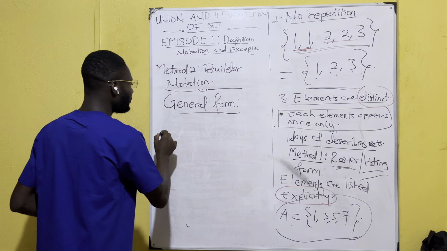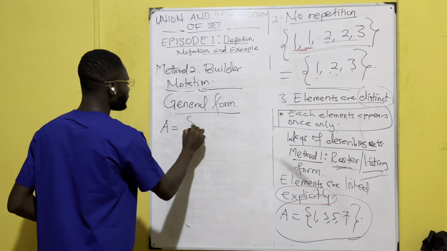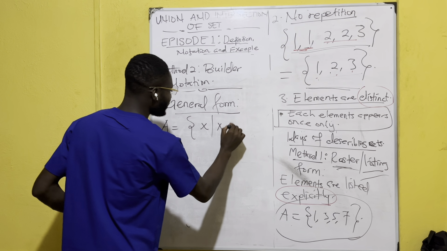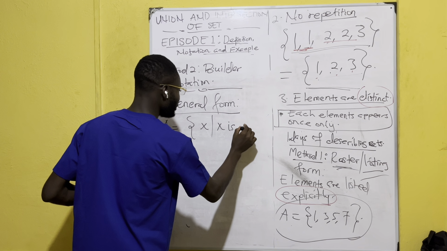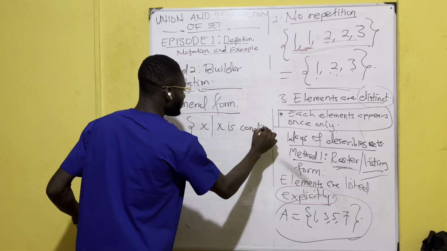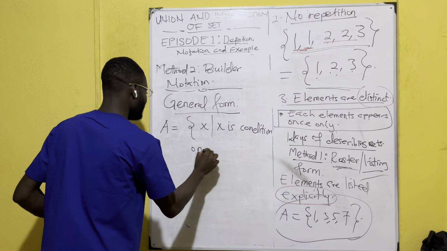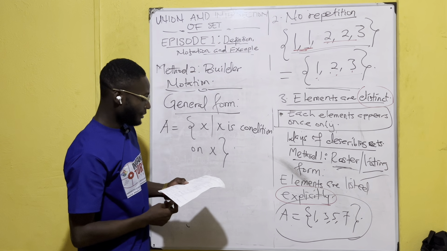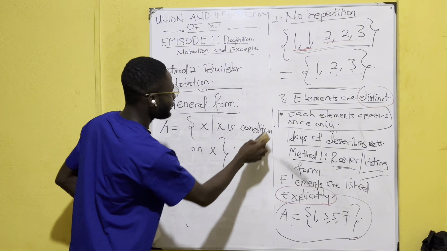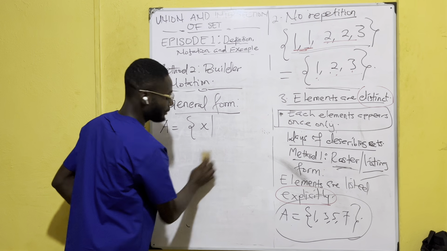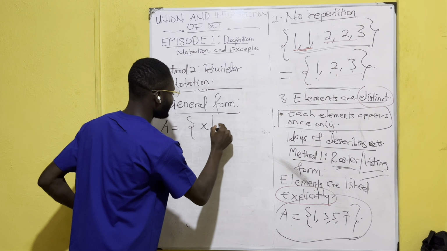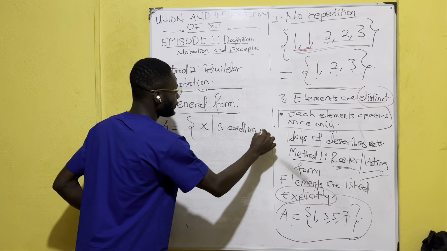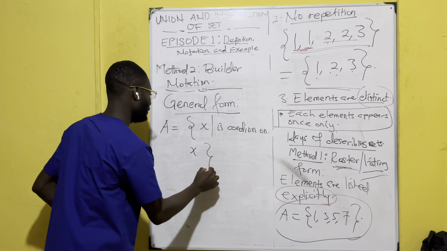The general form is given as A equals the set of x such that x is conditioned on S.